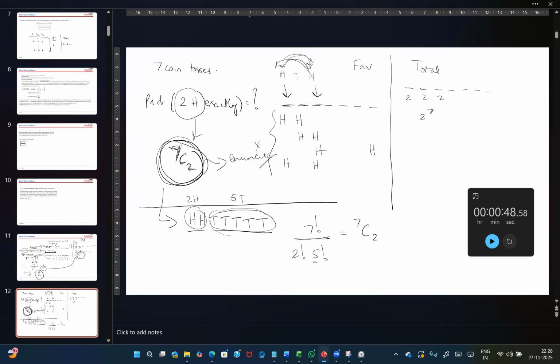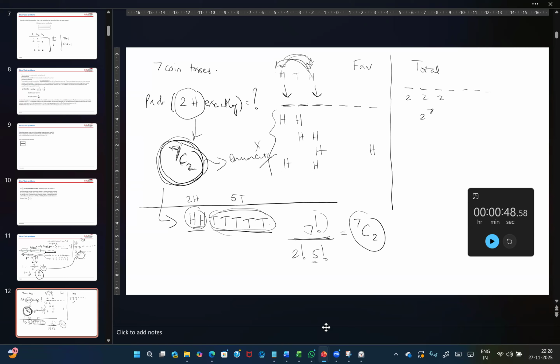Had these all been different, like H1, H2, T1, T2, then I would have just put 7 factorial. But since two heads are the same and five tails are the same, I need to divide by 2 factorial, 5 factorial. So that's nothing but 7C2, because 7C2 is 7 factorial divided by 2 factorial and 5 factorial. That's NCR.